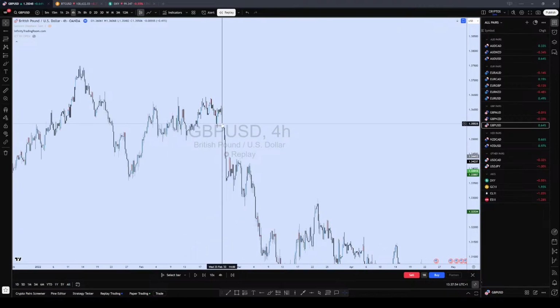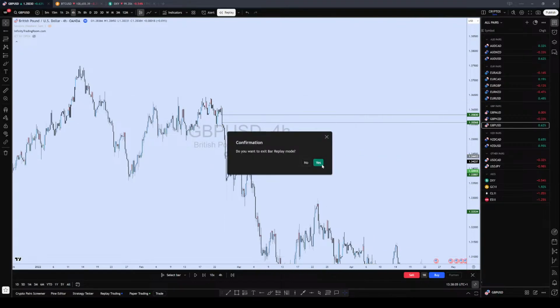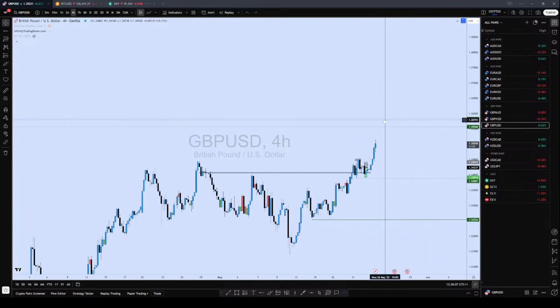Yeah, so in here, that's a relevant gap. So that's where price is gonna go. Next week, we'll be looking for price to trade there as a target. So if we pull back, then we go up there.